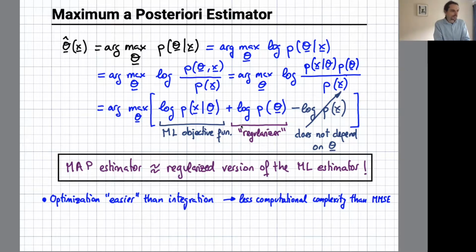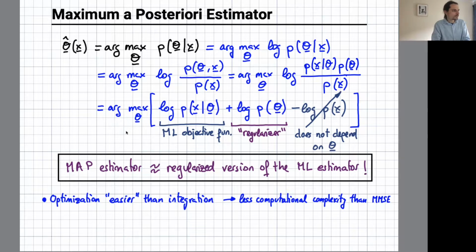But integrating a function in many variables is something very difficult. Even integrating with respect to just a few variables may be challenging from a computational point of view, right? So MMSE estimators may take a large number of arithmetic operations, essentially, right?